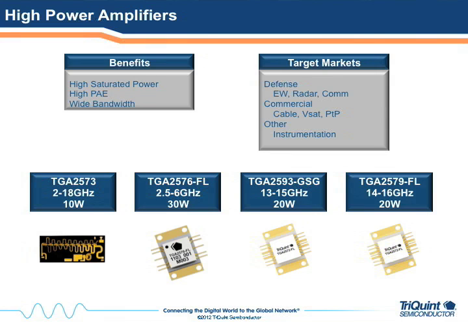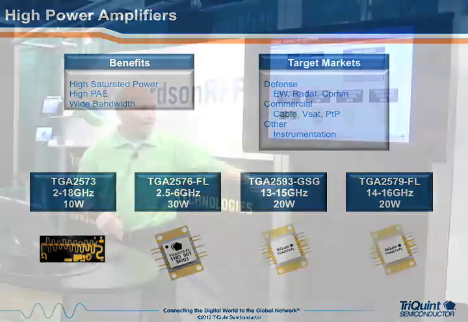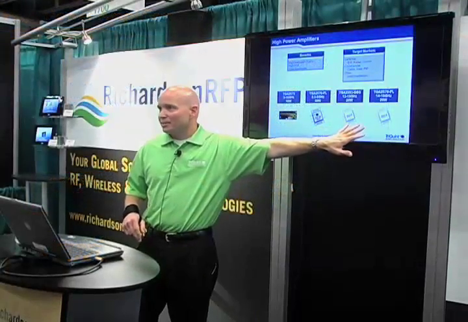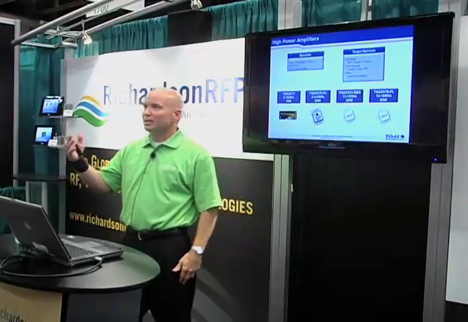2.5 to 6, lots supporting IED jammer type applications. Again, best in class. 13 to 15 gigahertz, targeting the VSAT market, and 14 to 16 targeting some mini CDL, common data link applications. Again, these are world class. There's no competition. That's what GaN brings to the table.